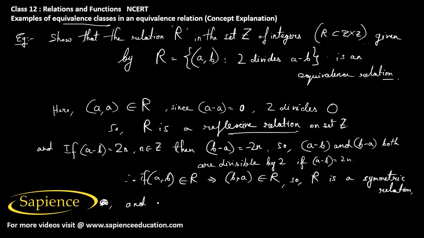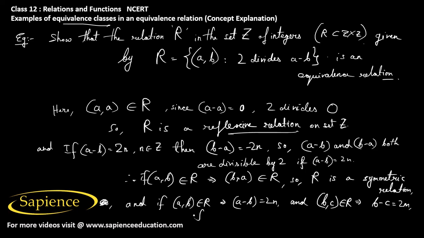and also, if (a, b) belongs to R, it means a minus b equals some 2n, and (b, c) also belongs to R, it implies that b minus c equals some 2m, suppose, for some m, n belonging to Z. So now a minus c, I can write as a minus b plus b minus c, which is equal to 2n plus 2m, which will be equal to 2 into (m plus n).